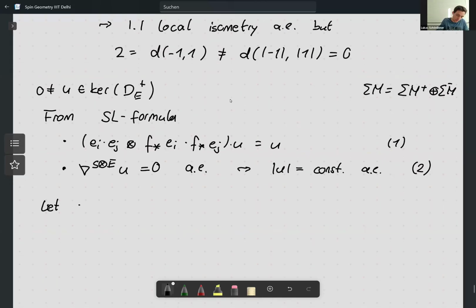So let's assume that we have some x such that the differential exists at this point.